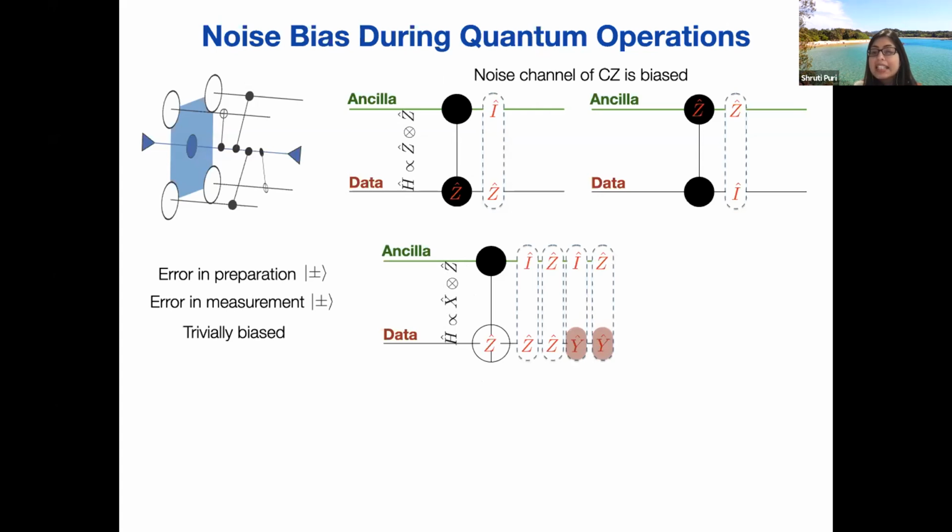So now the gate itself has unbiased the error channel. It has converted the most dominant error in the ideal qubit to the less dominant one.